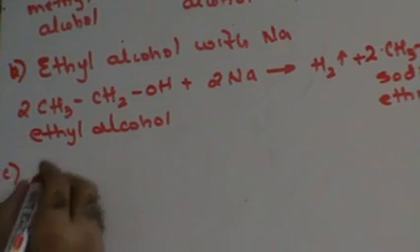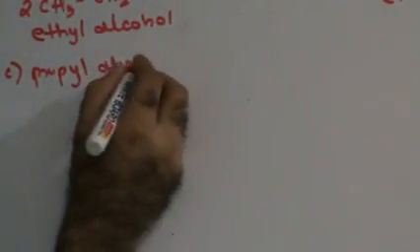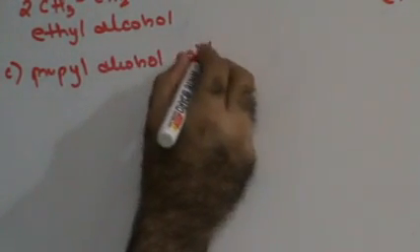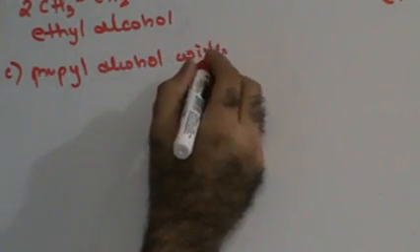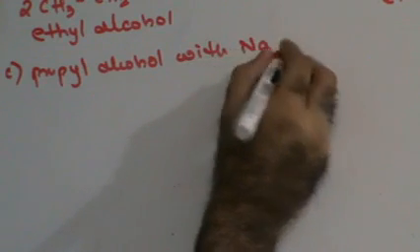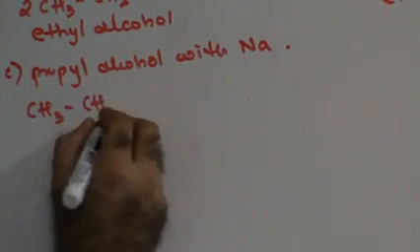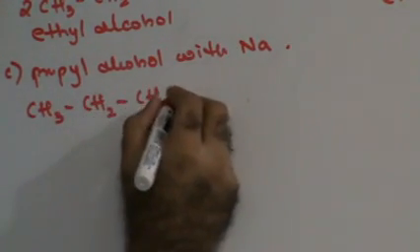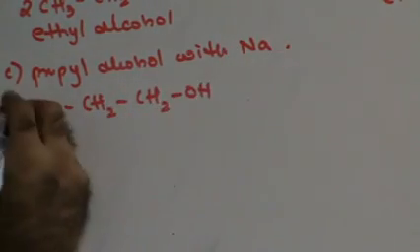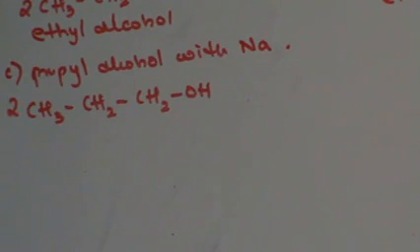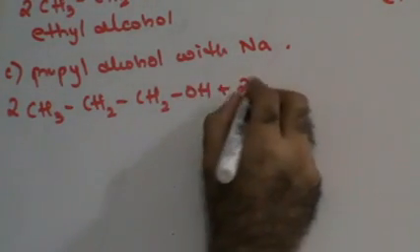Next, let's see another reaction of this kind. What happens when propyl alcohol reacts with sodium metal, right? Propyl, three carbon atoms, CH3, CH2, CH2OH, two molecules of propyl alcohol react with two atoms of sodium metal, right?